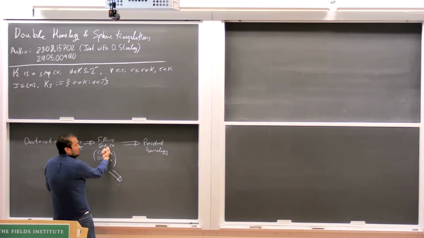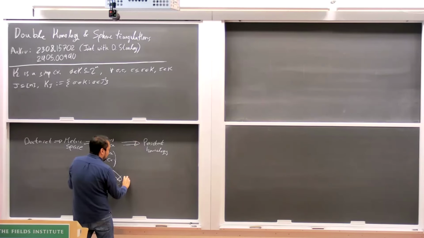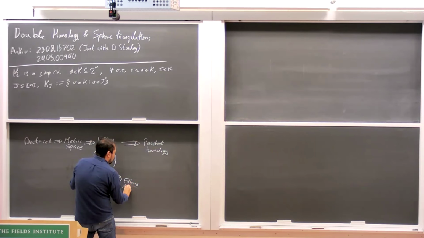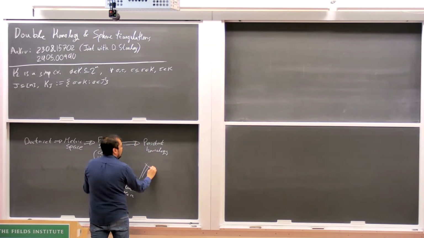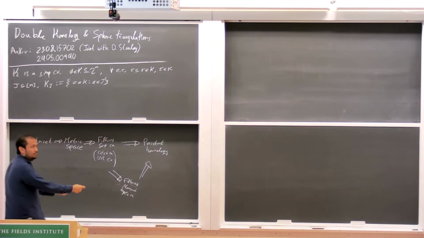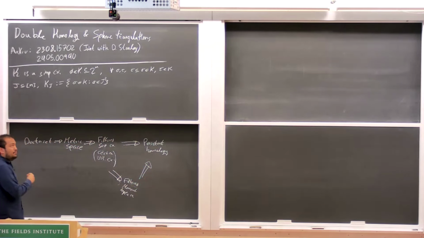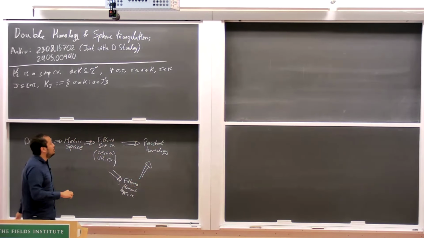When you have a filtered simplicial complex, that induces filtered moment angle complexes. After you take this moment angle complex, you can take the persistent homology of that, and that gives you strictly more information than just looking at the filtered simplicial complex.